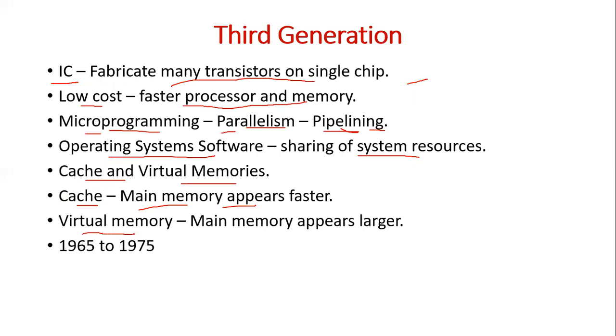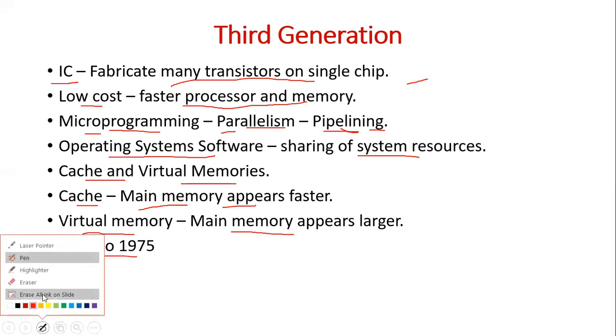And virtual memory makes main memory appear larger. With virtual memory, the processor will never feel a lack of memory. With the available memory, the program will be loaded and then swapped depending on the requirement. The third generation of computers was during the period of 1965 to 75.